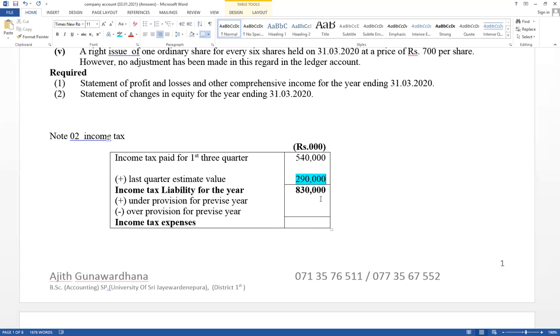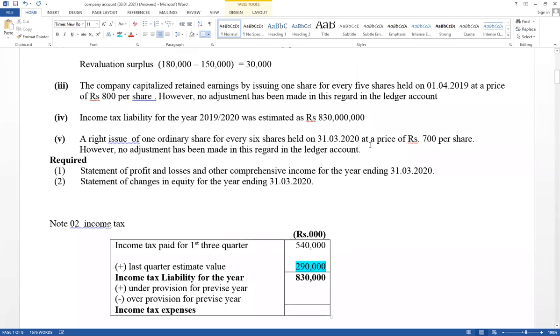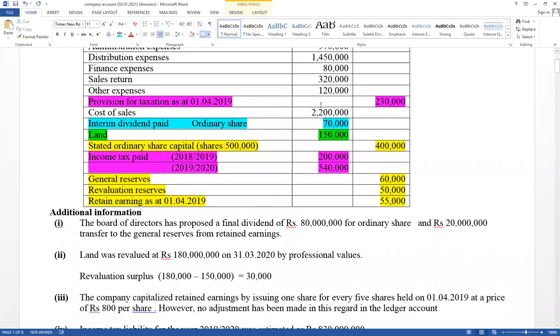Now think about the previous year gap. It may be over provision, it may be under provision. See the trial balance, it has given provision for income tax as at 1st April 19. This is the last year's last quarter estimate value. And on the debit side, income tax paid amount 18-19 period is available. That is the last year's last quarter paid amount.